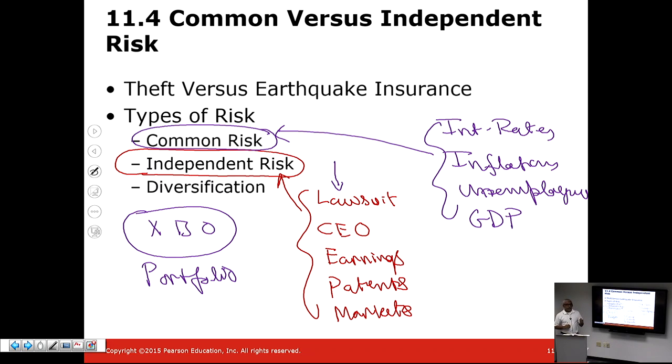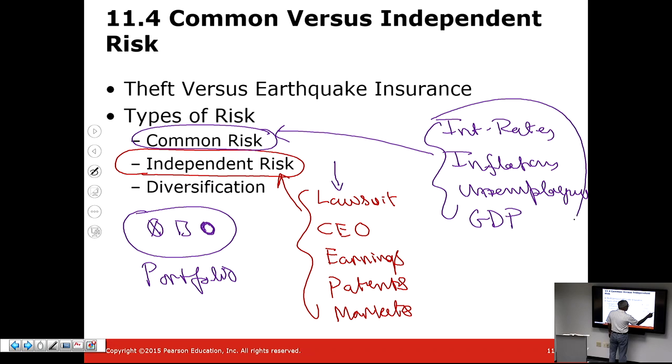So when one company has some bad news, being sued for something, another company may have just earned a patent. So when this company has bad news, this company may have some good news. So the bad news and the good news may begin to cancel each other. One company's stock price goes down, and the other company's stock price goes up. They may cancel each other. That's what I mean by canceling each other.